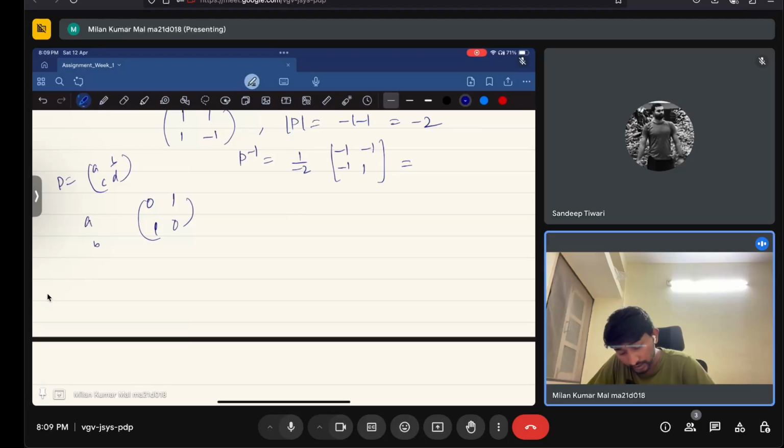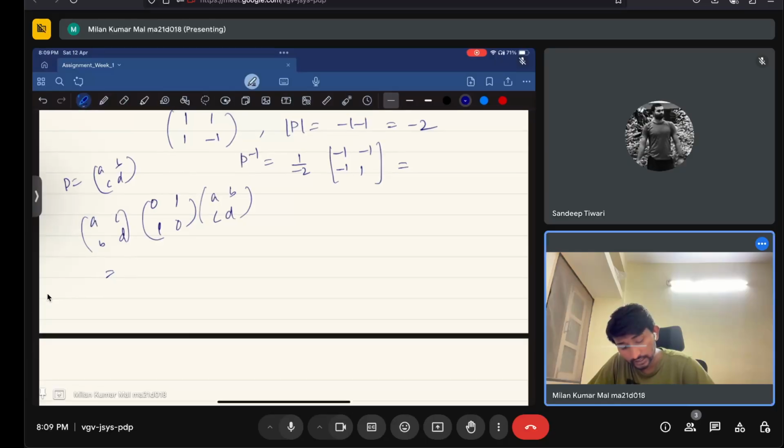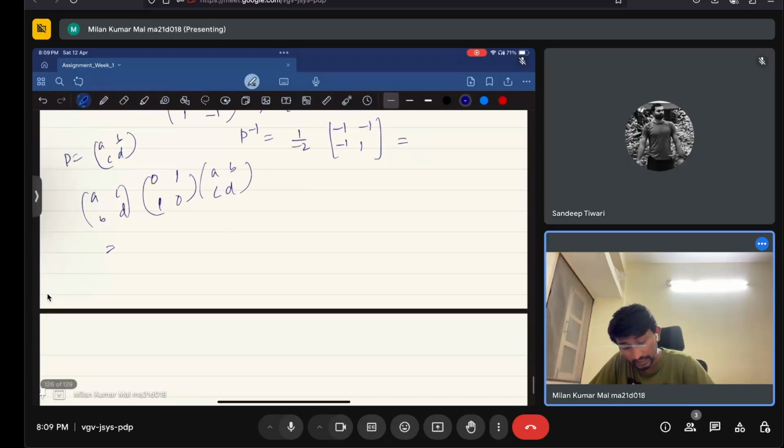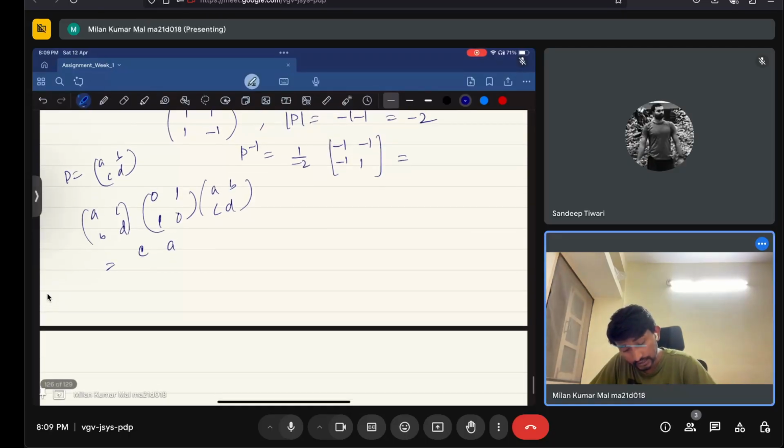Now A B C D is the transpose, and here A B C D. What will I get? First C here, next A here, next D here, and next B here.